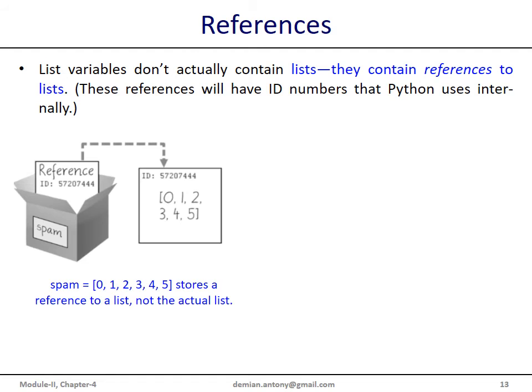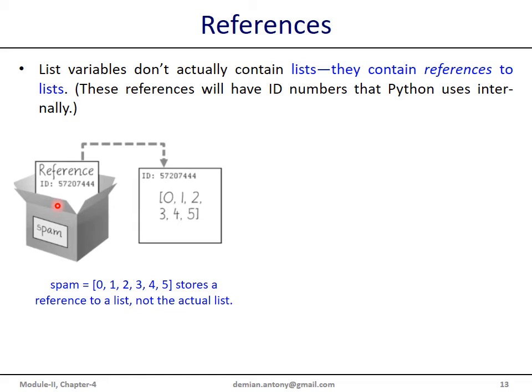Here is the illustration for the concept of a list reference. This is a list, and it is stored in memory, and we have an ID or a base address. We take it as an identifier ID, and after assignment, the ID is stored in spam. Now spam contains the ID of that list.